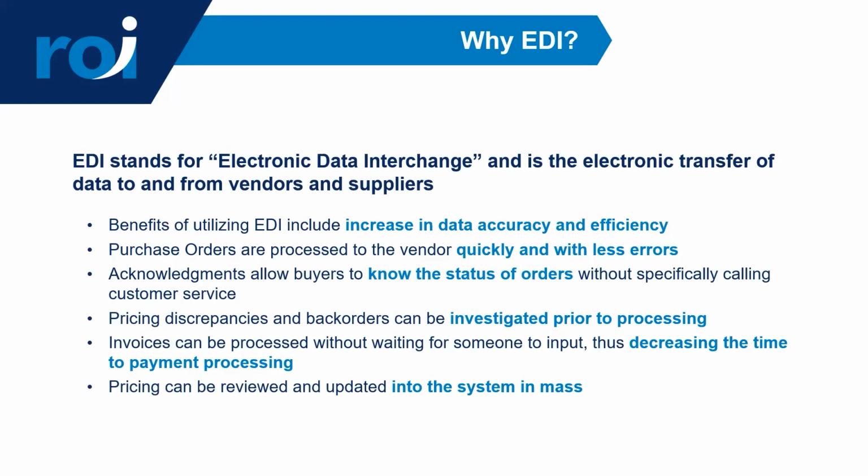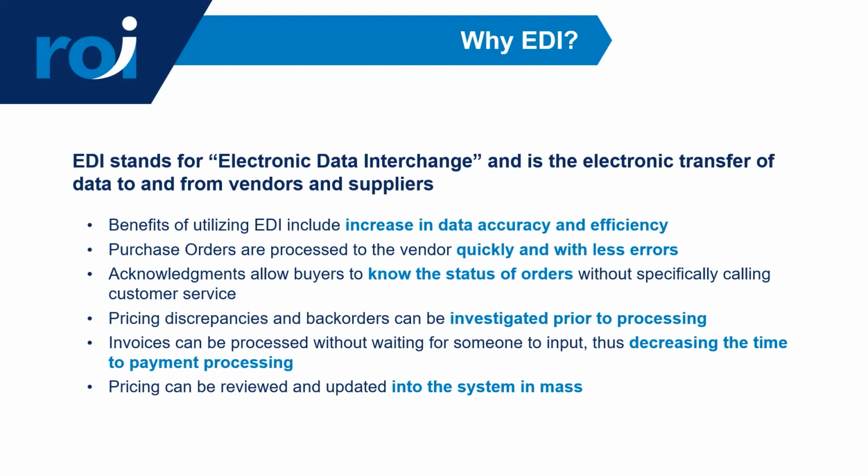So rather than sitting on the phone and talking to customer service at a vendor and supplying them information and risking that person mistyping or mishearing your information, you're sending that data through the web and giving that information directly to their system. This increases efficiency because there's no time wasted on the phone. It gets right into their system and vice versa.